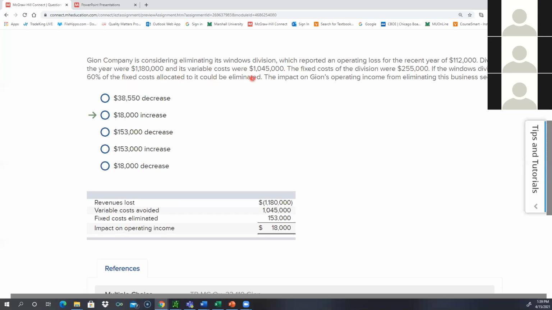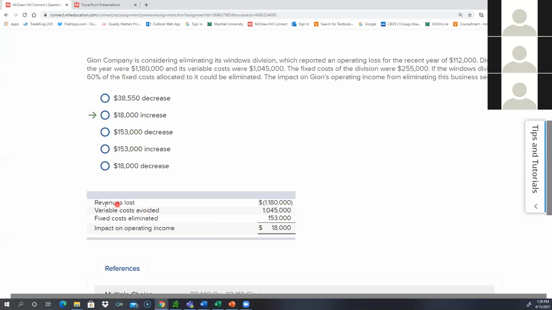So which part is relevant? The 60%? The 60% because that can be eliminated, right? Yeah. So here is the variable cost. Here is the fixed cost that can be eliminated, right? Yep.